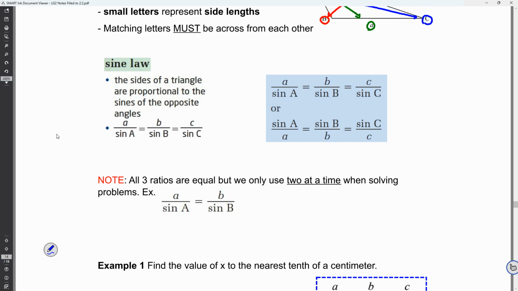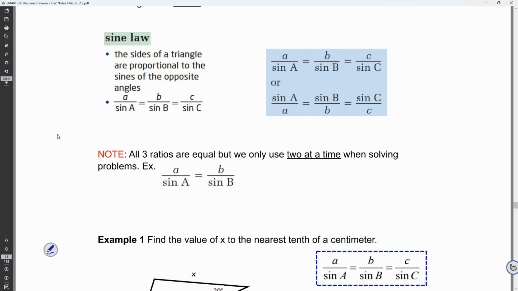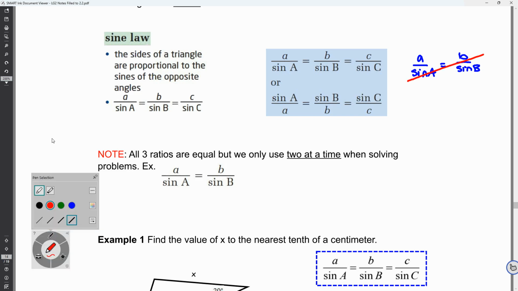Note how they can be flipped back and forth. The only thing you can't do is something like a over sine A is equal to sine B over b. This is not allowed. We can't just flip one side like that. What we do on one side, we have to do to the other.